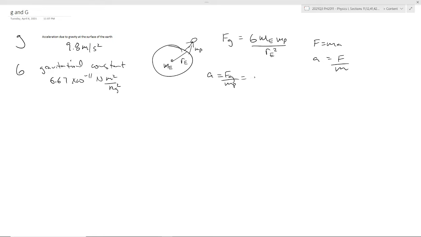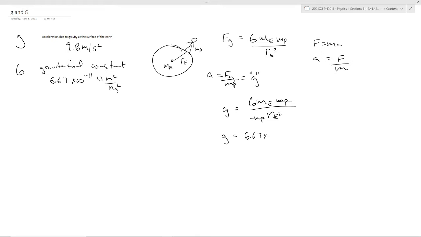And that's what we know of as little g. And so if we do that, if we divide by that mass, that'll drop out. And we're left with g equaling this combination of stuff.